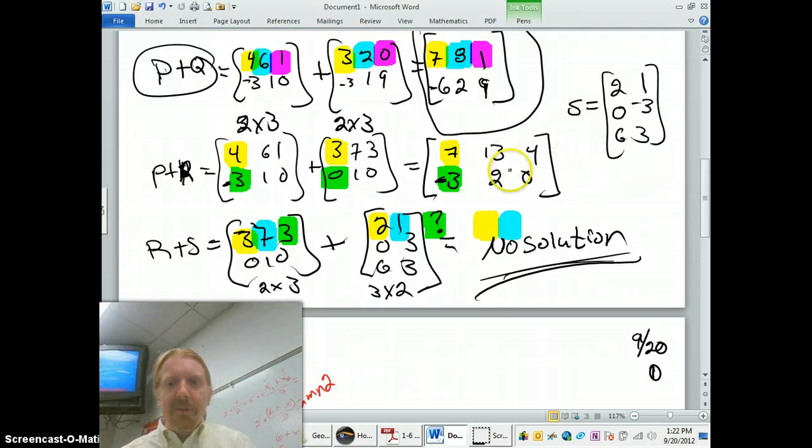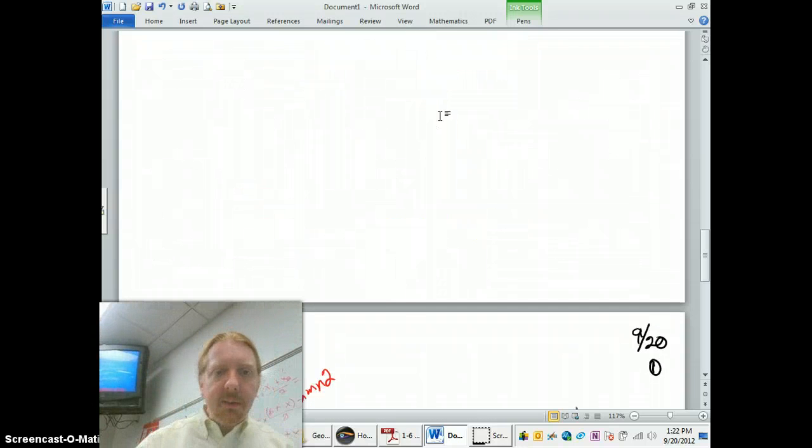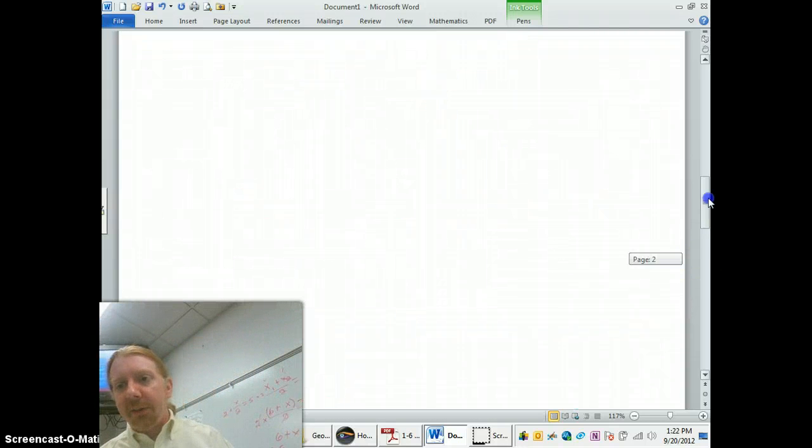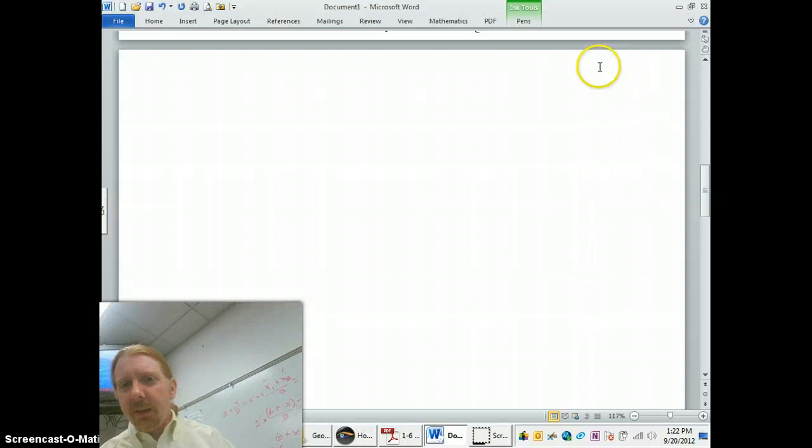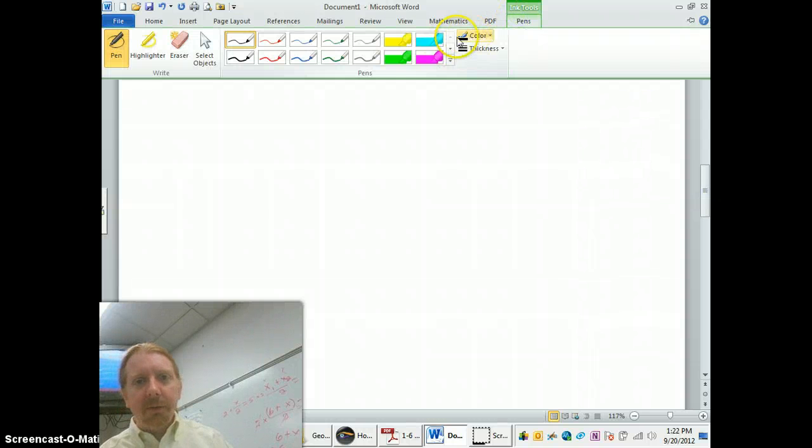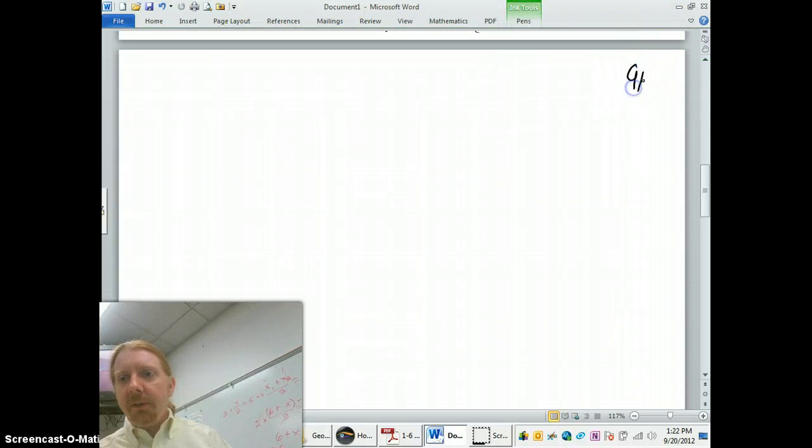Now, take a look here at 4. We got one more idea I want to keep going with. And let's look at what happens when we're doing a subtraction. Let's see. Write down the date and the page number here for my note taking. Always a good habit, by the way, when you're taking notes, to write down what day you took the notes on and how you're doing with them.